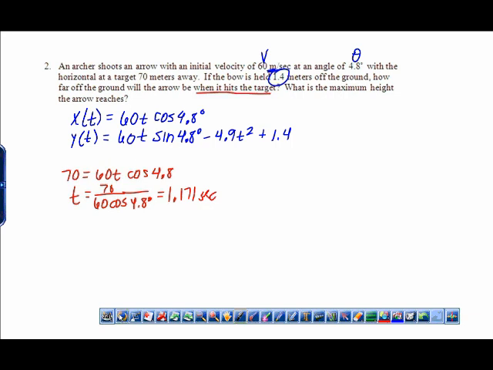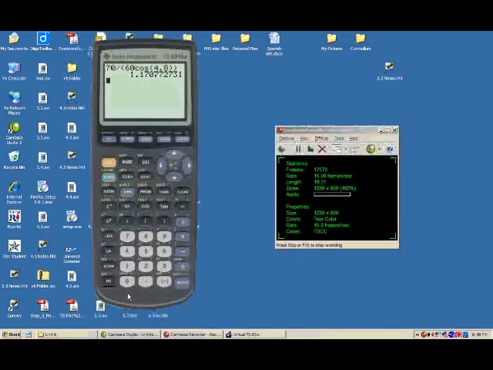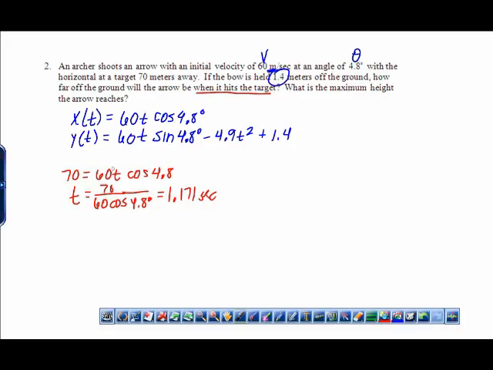So when I get to this next part, I want to find y of 1.171. I can write it out if I want to, but I'm not going to use the rounded number. I'm going to use either the stored value or the second answer feature. I didn't mean to do parentheses there. Sorry, here we go. 1.171.